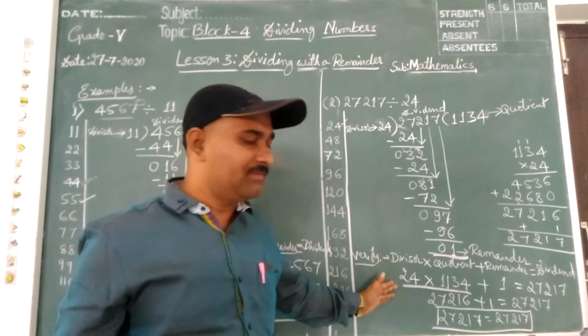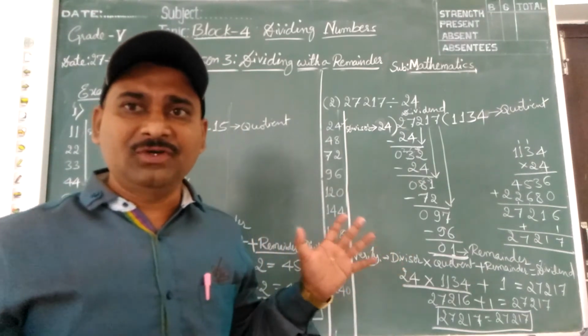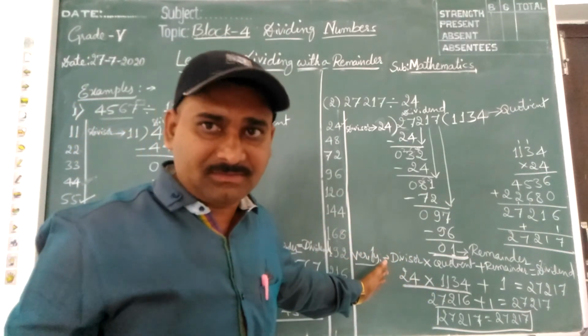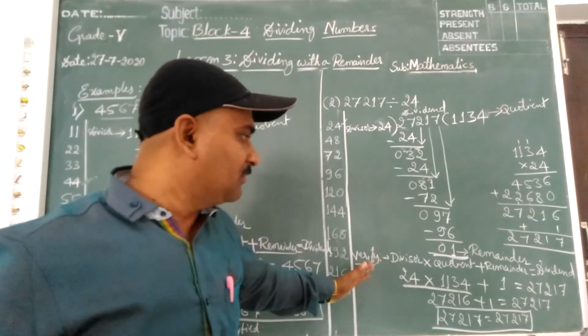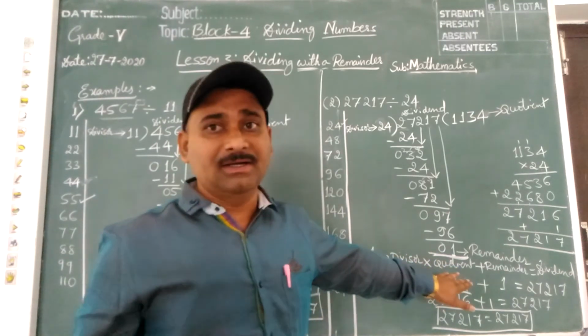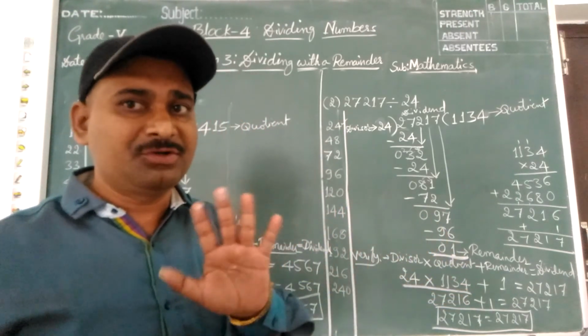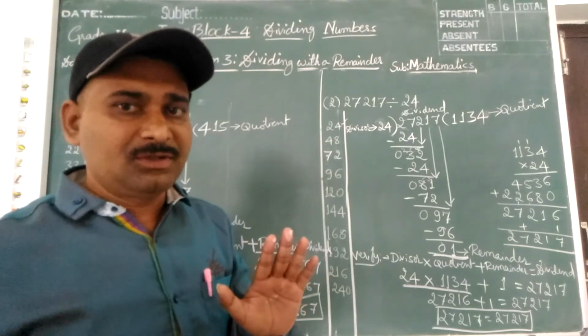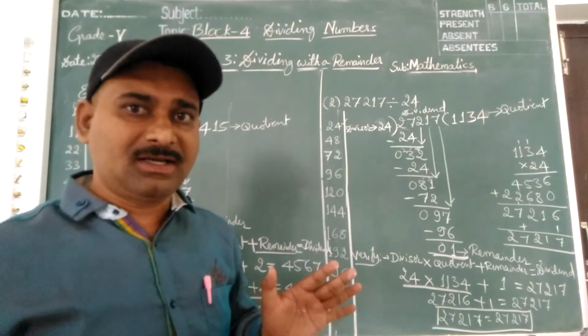Hence verified. In the last class some of you made a mistake in the verification. When I told you to multiply divisor and quotient, some of you divided here. In the verification you are not allowed to divide. Whoever made the mistake, please rectify it.